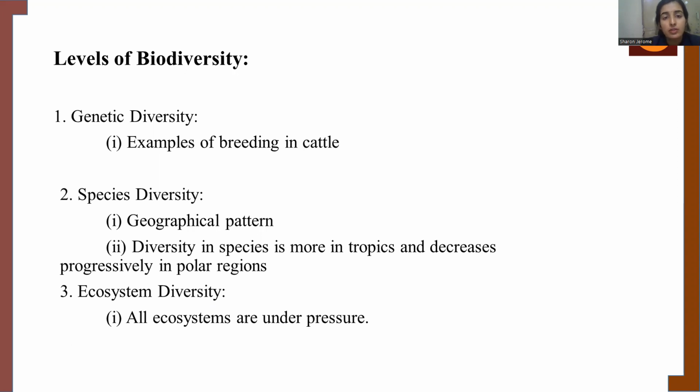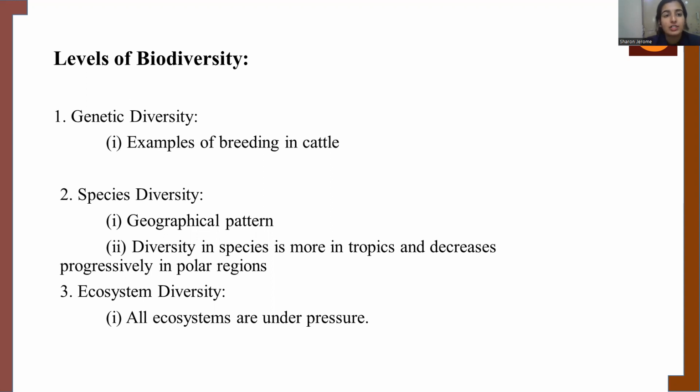All these are different varieties of cattle, which show genetic diversity. So why is this important? It is to ensure that these breeding programs remain viable in the future also. So in order to monitor this genetic diversity, there is breeding of different forms of cattle.